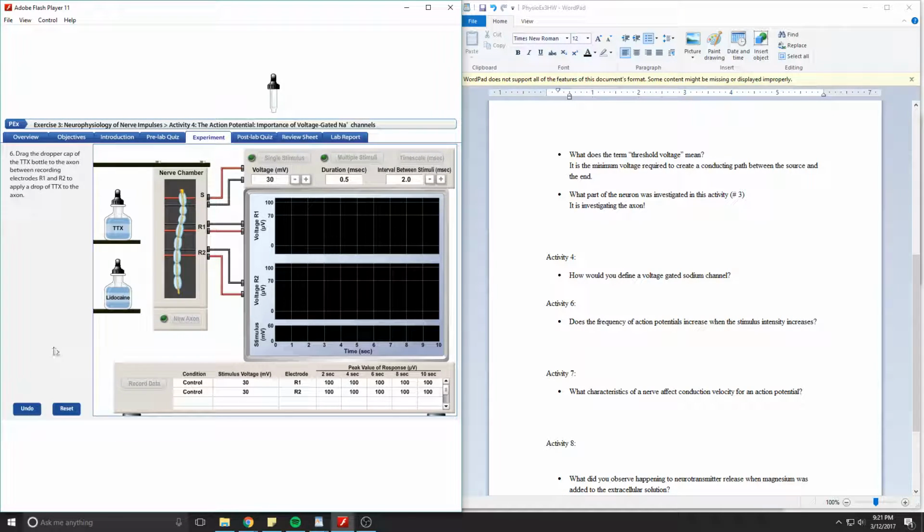I'm going to click this one. Okay, so let's drag the dropper bottle to the axon between the electrodes. All right. Oh, interesting. It stopped it over time.